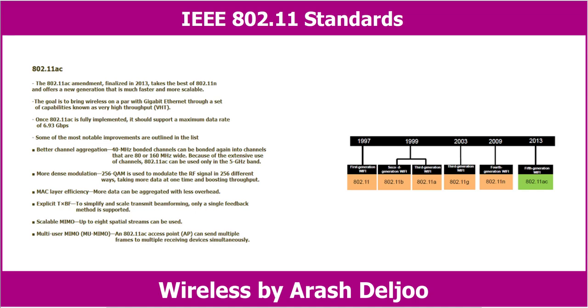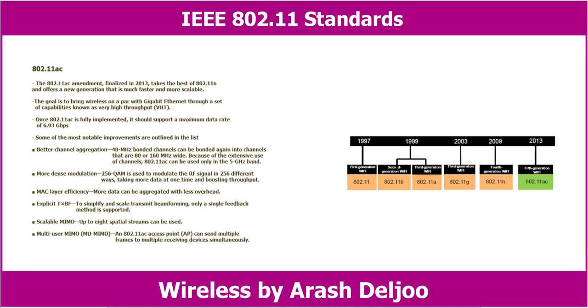802.11ac. Okay, the many features and high throughput of 802.11n might make it seem like the end-all wireless LAN technology. As with most any aspect of computing, the current state of the art is never good enough. The 802.11ac amendment finalized in 2013 takes the best of 802.11n and offers a new generation that is much faster and more scalable.